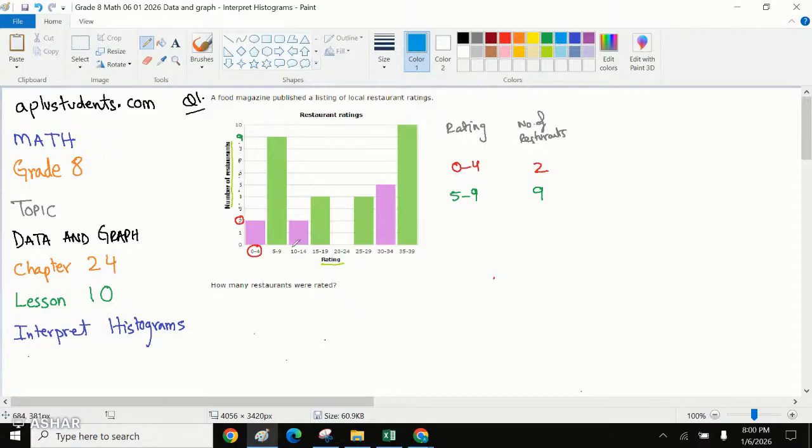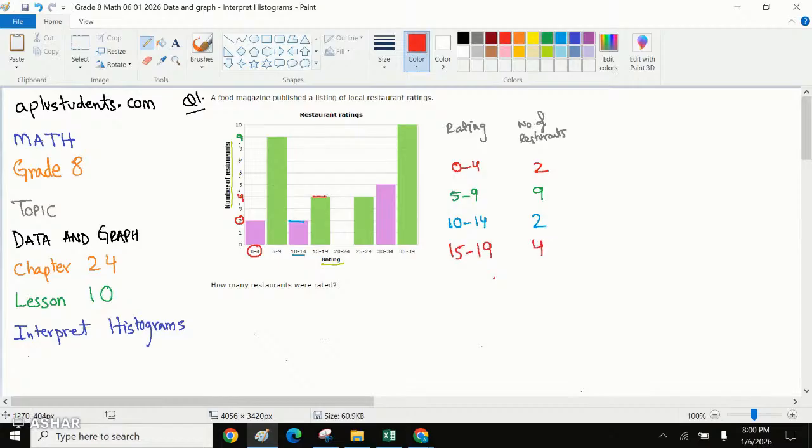The next one is 10 and 14. The rating between 10 and 14 was given again to 2 restaurants, right? Moving ahead, 15 and 19. The rating between 15 and 19 was given to 4 restaurants.